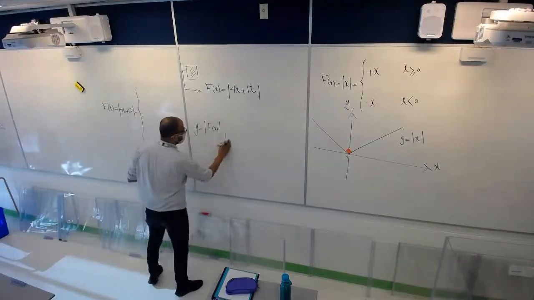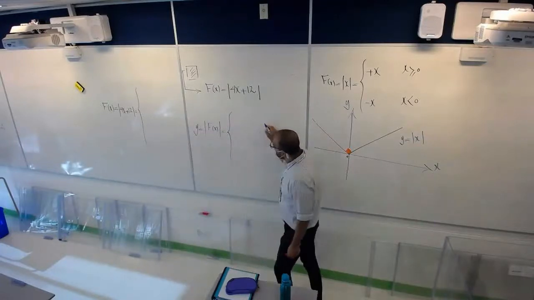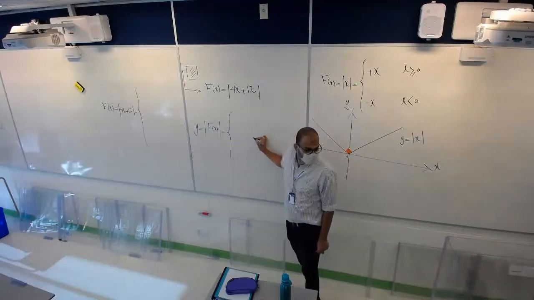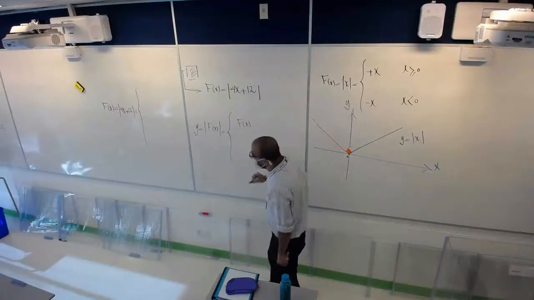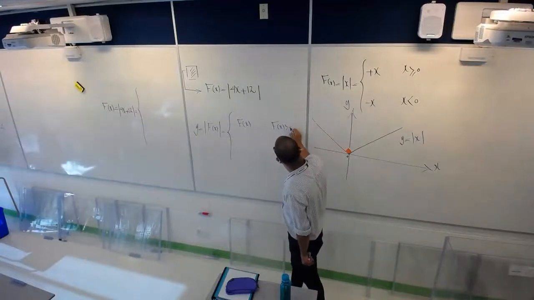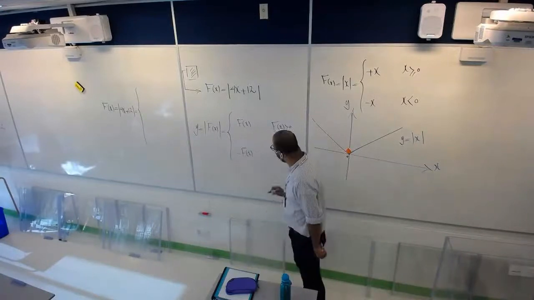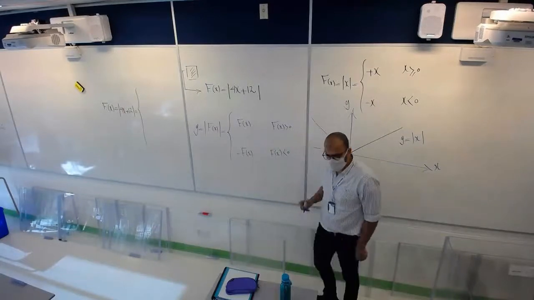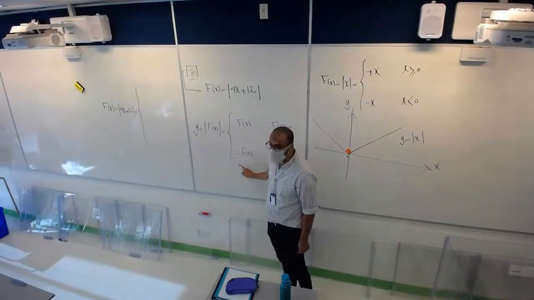If you have a general term, f of x, inside the absolute value, you say that f of x can come outside by itself if f of x is positive, or it can come with the minus behind it if f of x is a negative function. That's what we expect. If something is negative inside, we multiply it by the minus to make it positive.